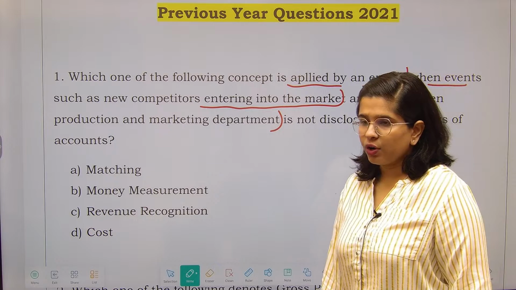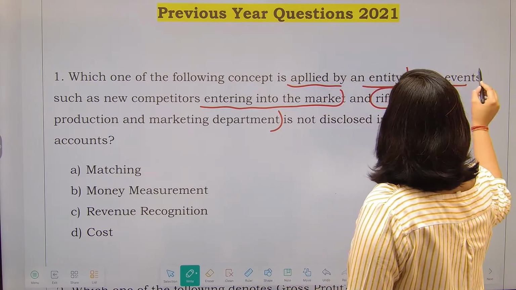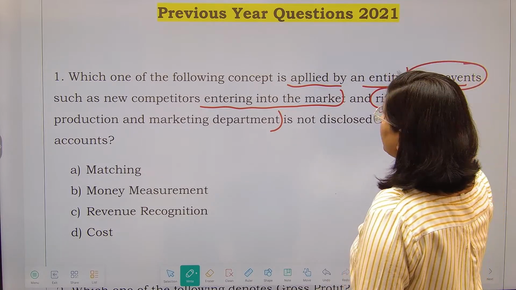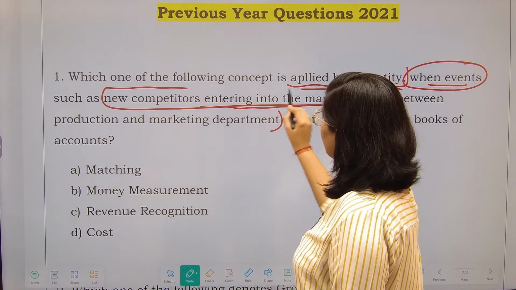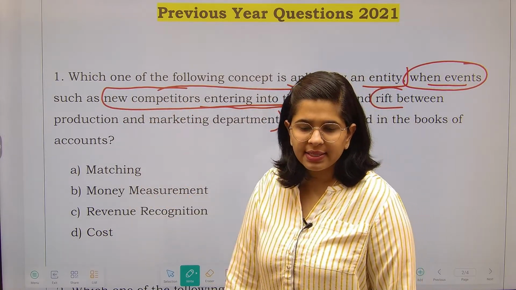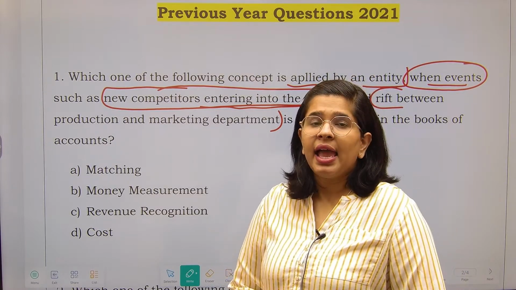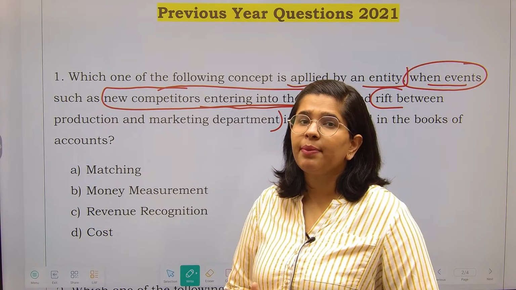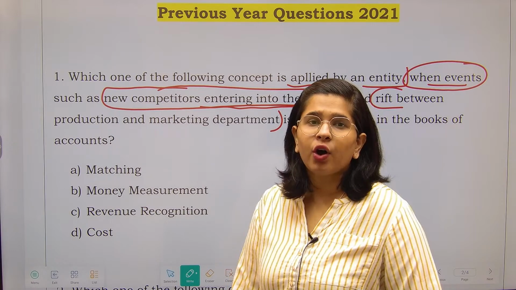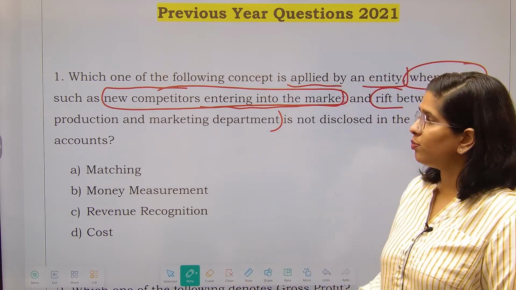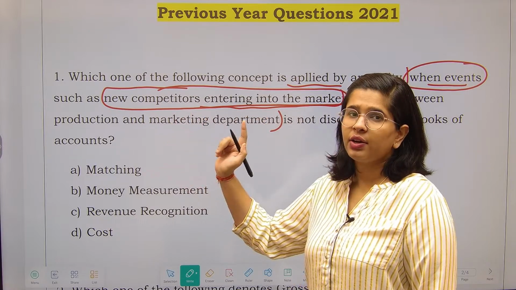The correct answer over here, if you carefully see the transactions: number 1, it is given events like a new competitor has entered into the market. A new competitor entering the market does not have any kind of monetary impact on the organization, or you can say the organization is not able to measure the monetary impact of this particular transaction.